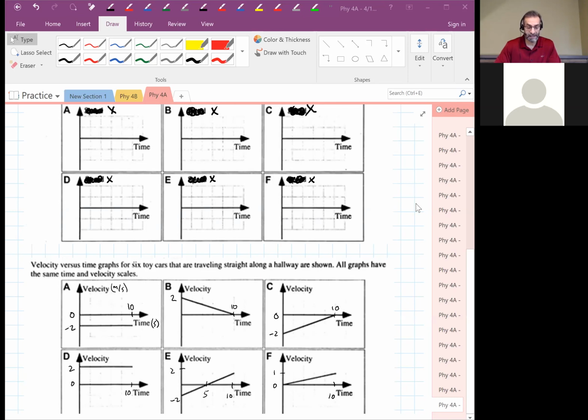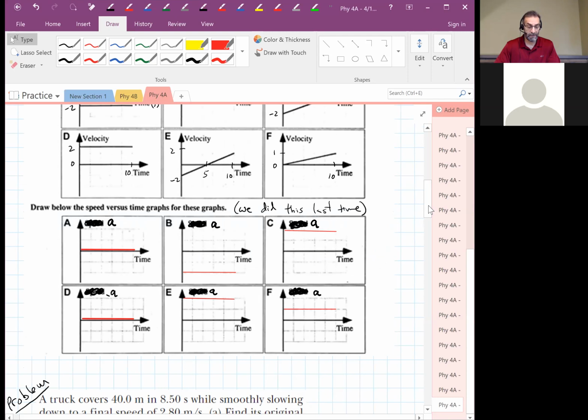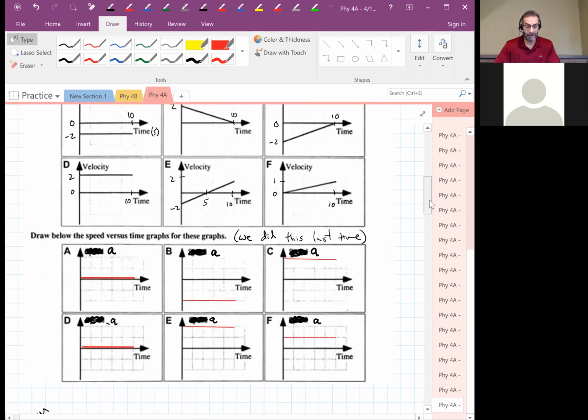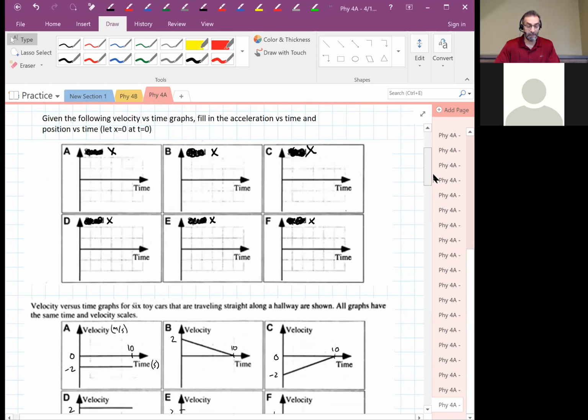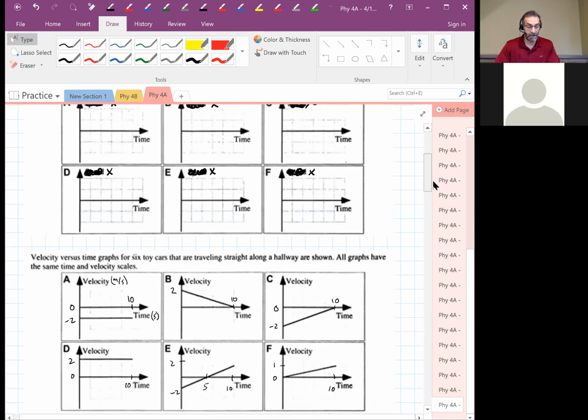Last time we did the acceleration graphs, and I've copied that over here. So we're not going to do that again today, but you can practice it later if you haven't already. This time we're taking that velocity versus time graph and coming up with the position versus time graphs, and we're going to start with just D.